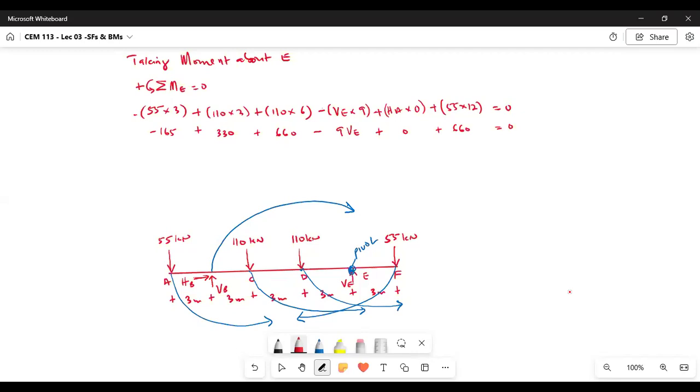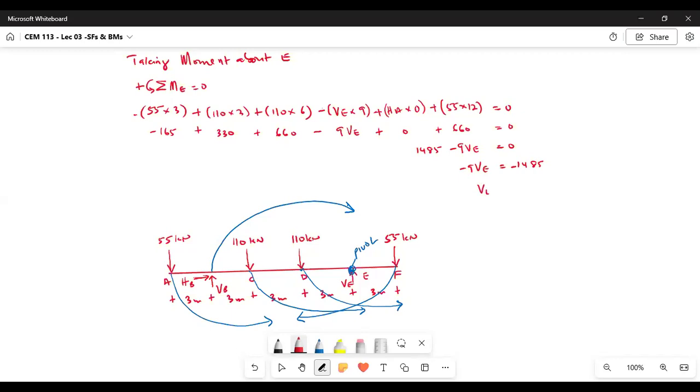when we put all this together, we will get 1485 minus 9 VE is equal to 0. So that negative 9 VE is equal to negative 1485.